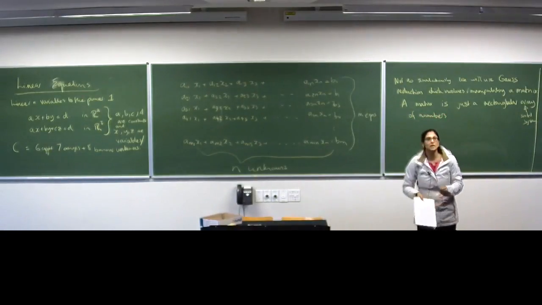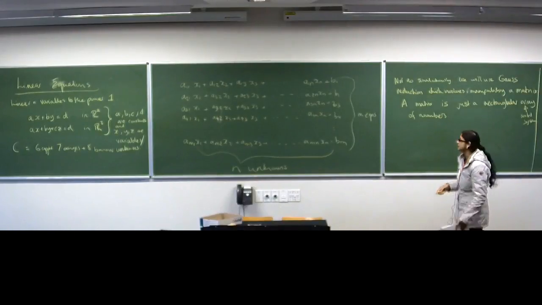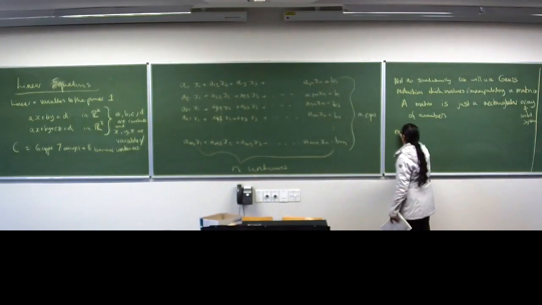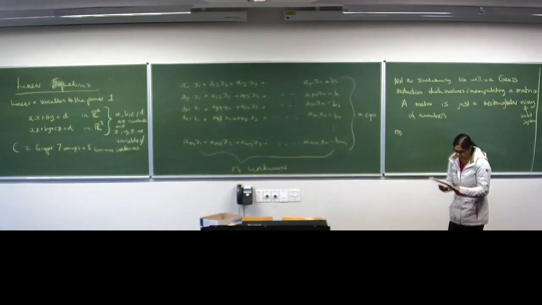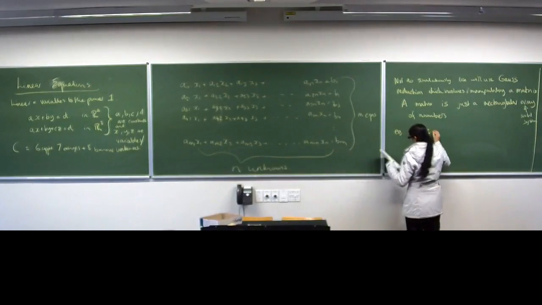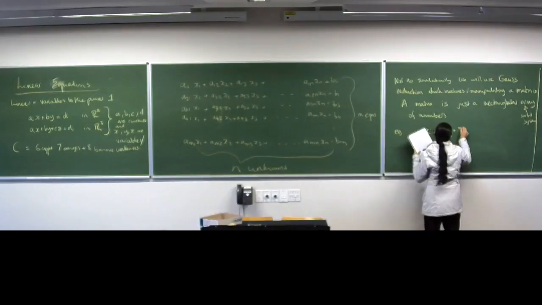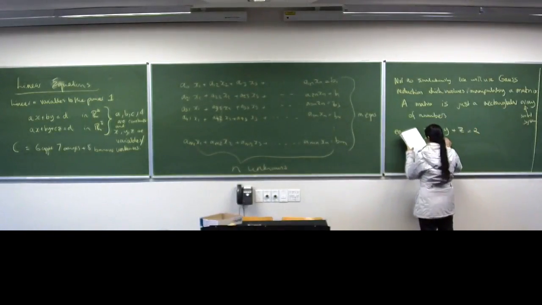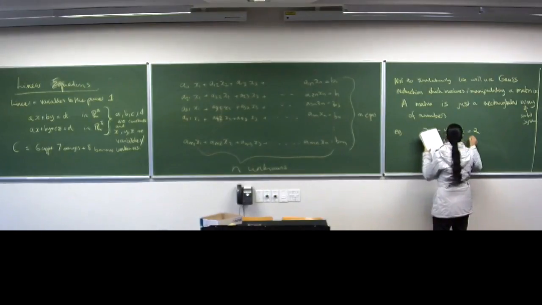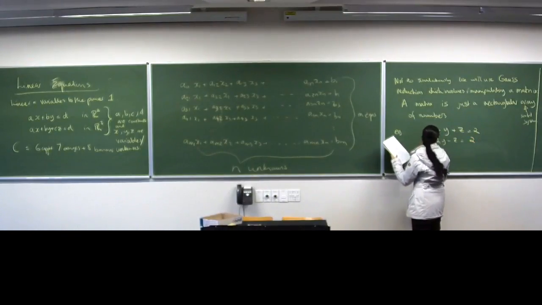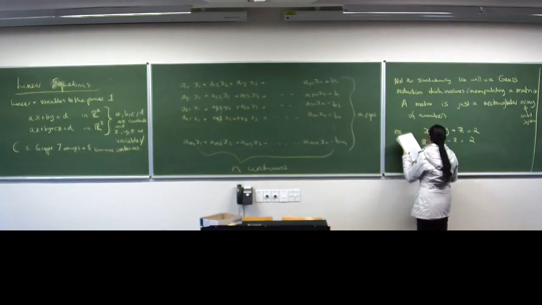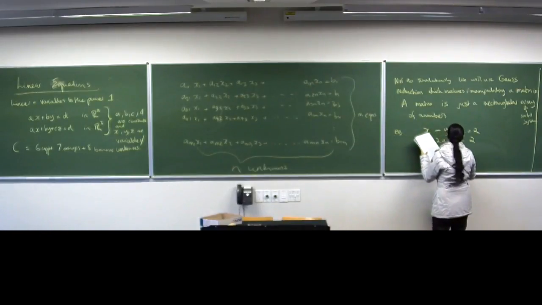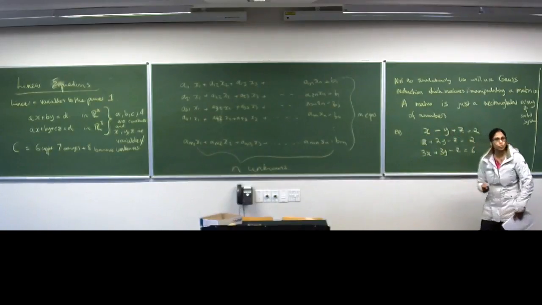A matrix, you must stop me when you don't understand something, is just a rectangular array of numbers, and I'll show you what I mean. So for example, we're going to look at this 3 by 3 system. You've got x minus y plus z equal to 2, x plus 2y minus z equal to 2, and 3x plus 3y minus z equal to 6.